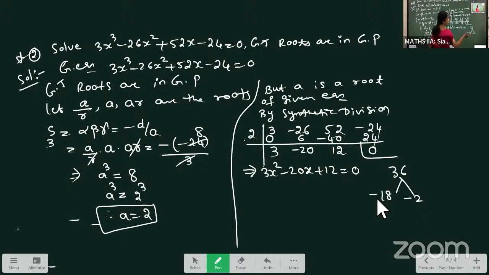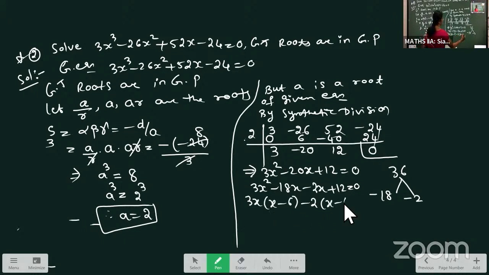Minus 18 minus 2 is minus 20, and minus 18 into minus 2 is plus 36. So this becomes 3x square minus 18x minus 2x plus 12 is equal to 0. Take 3x common, x minus 6. Take minus 2 common, x minus 6. Taking x minus 6 common, x minus 6 into 3x minus 2 is equal to 0.